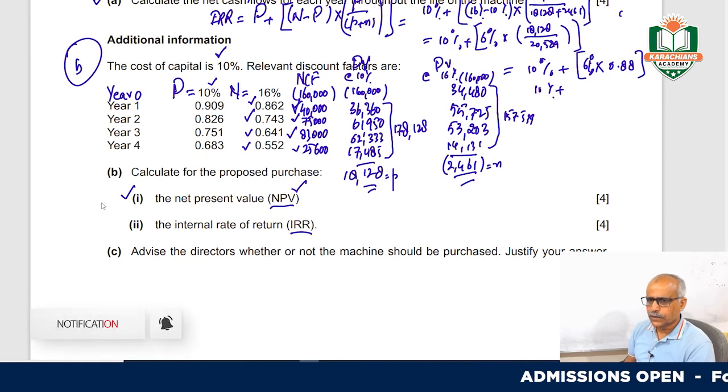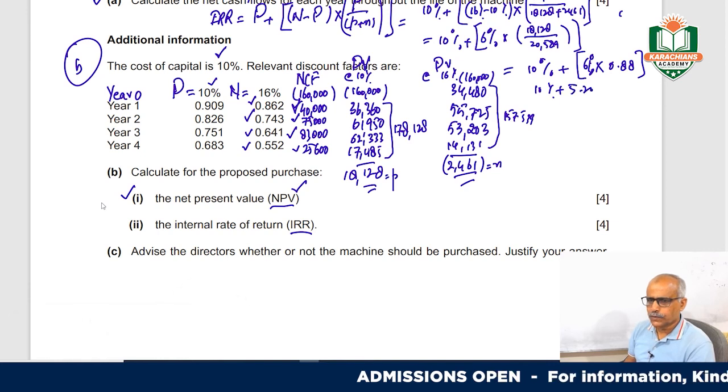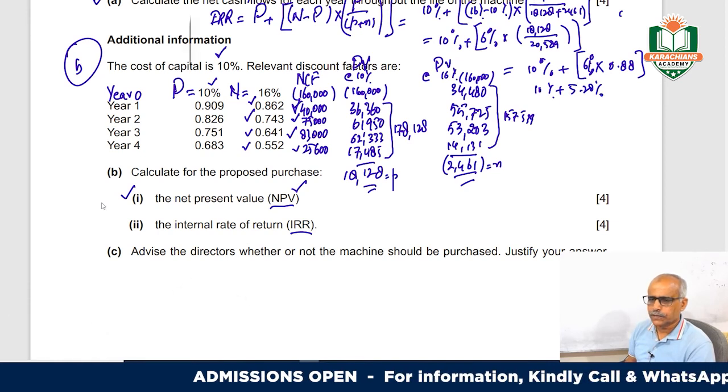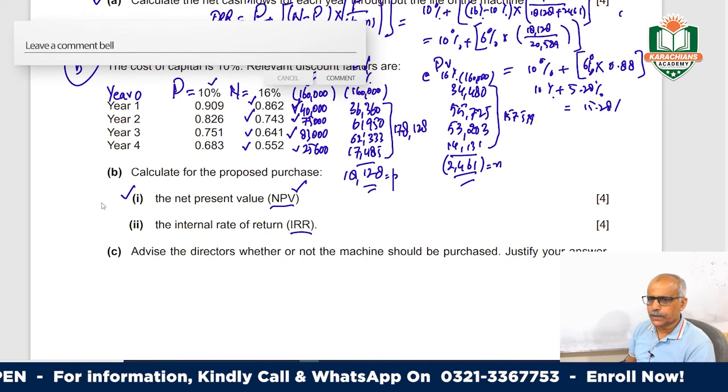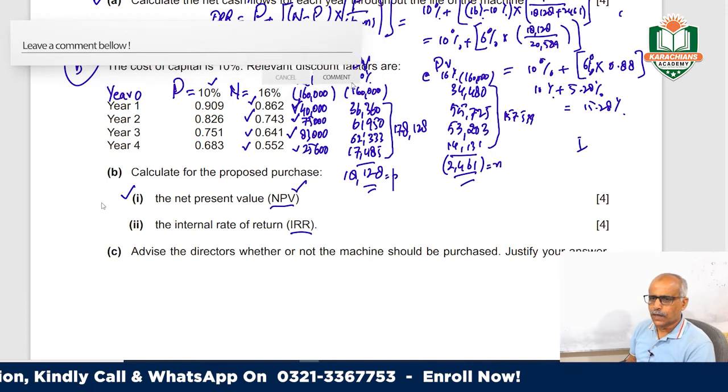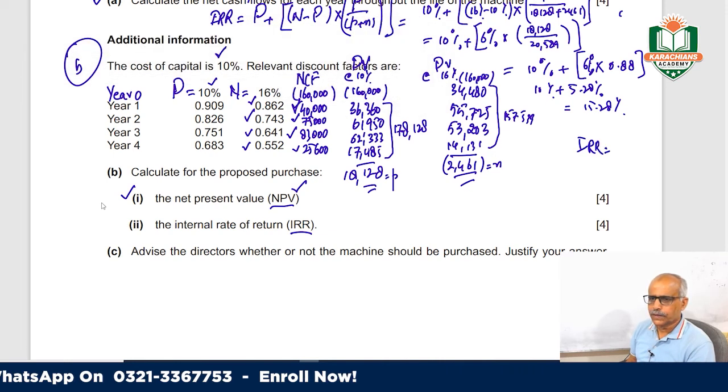So 10% plus 5.28%, right? This will be 15.28%. So your IRR will be 15.28%.